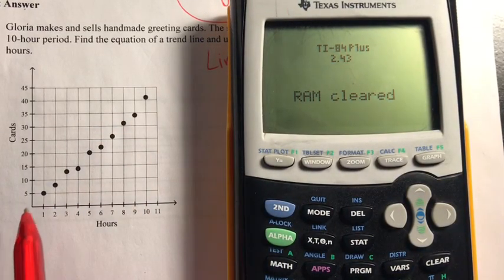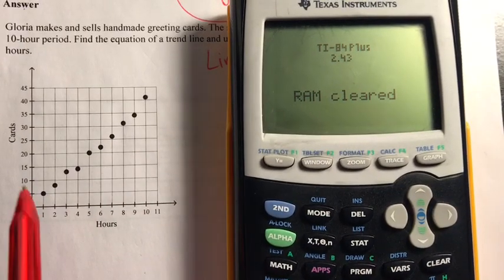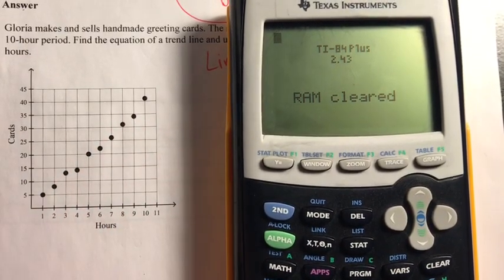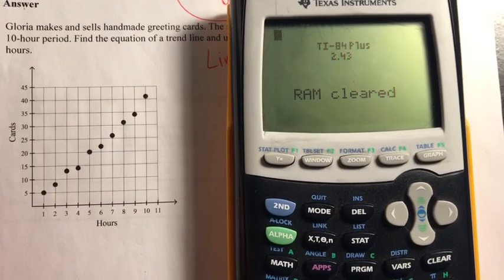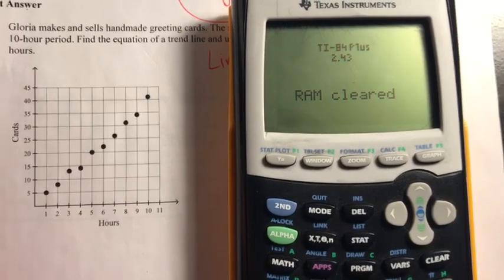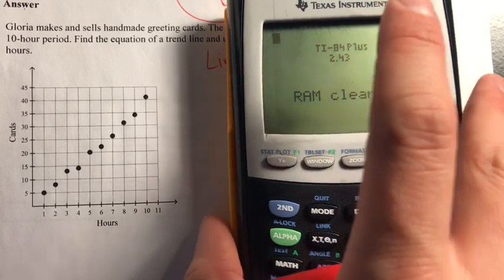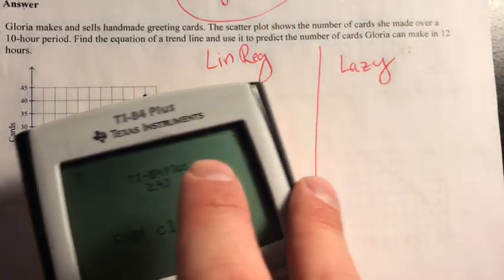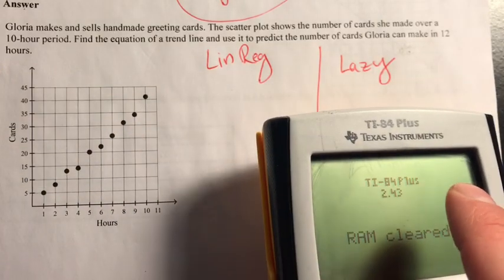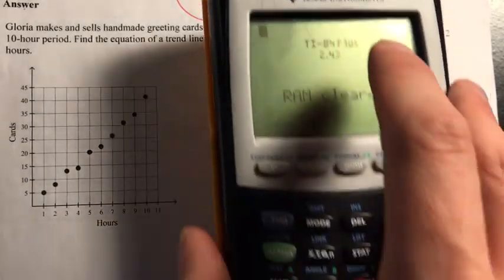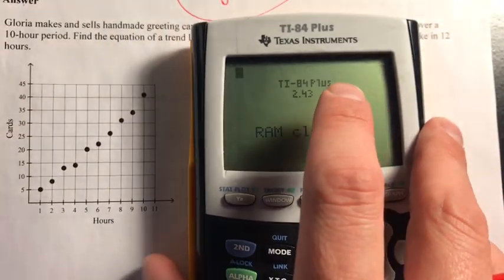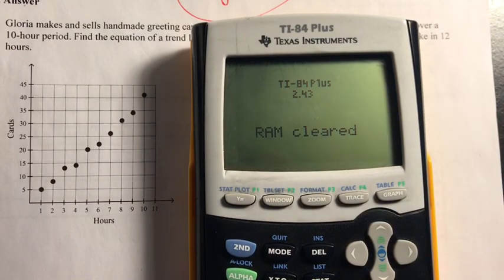Now, each point is completely based off of what I see. It does not mean that my point is exactly what it is. So if I look in the back of the book, my answer might be slightly different, but it's asking us to find an equation of a line and use it to predict the number of cards Gloria can make in 12 hours. I'm not going to get anything exact, but I should still get a good answer for that.